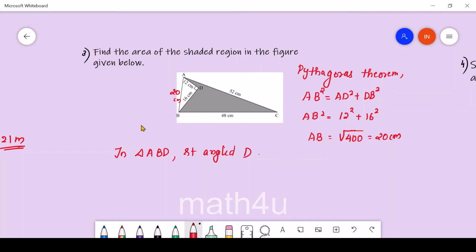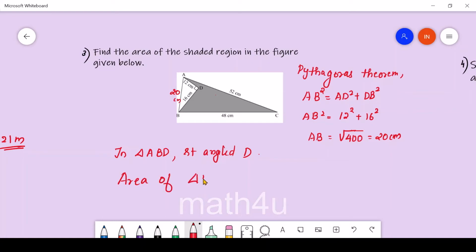Now, can we apply here Heron's formula to find out the area? Yeah, of course, right? So is there any need of applying Heron's formula for this triangle ABD, or can we apply on ABC? So in this case, you can see that this is a right angled triangle ABD. So how can we find out the area for that?